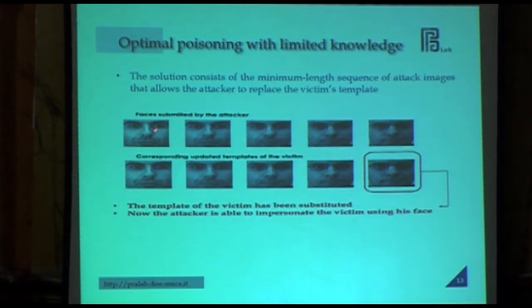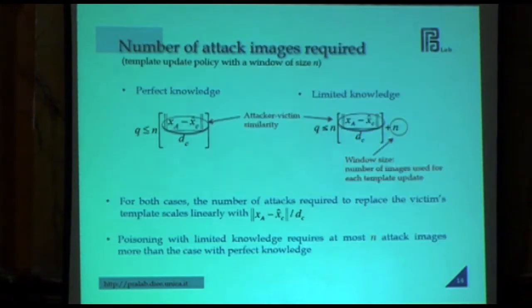Initially, of course, the attacker should submit an image quite similar to your template. But at the end of the attack sequence, he can submit just his face without any need of using any fake face. And so at the end, the template of the victim has been substituted completely. And so you don't have anymore your real template, but it's been substituted by the template of the attacker.